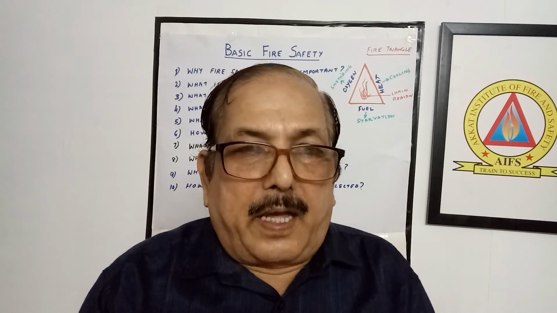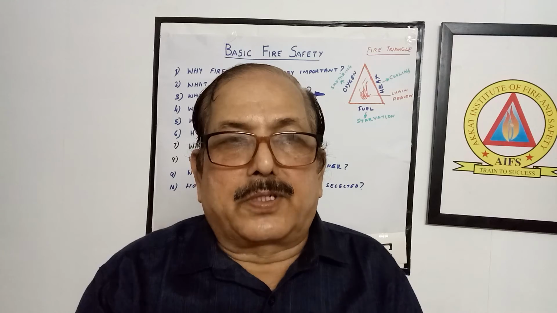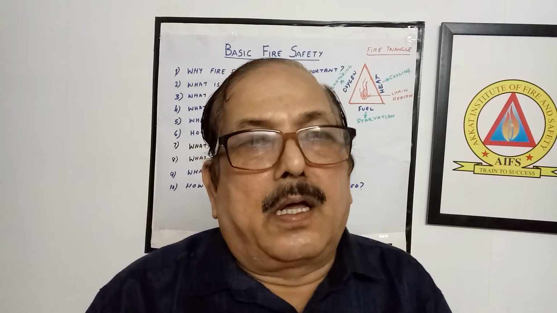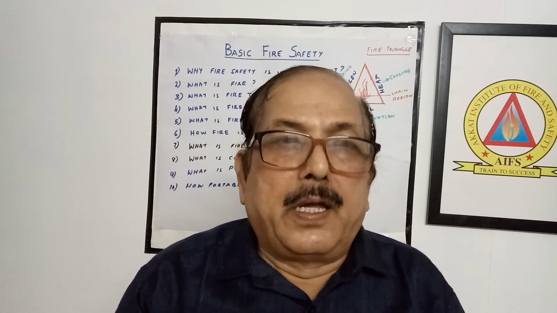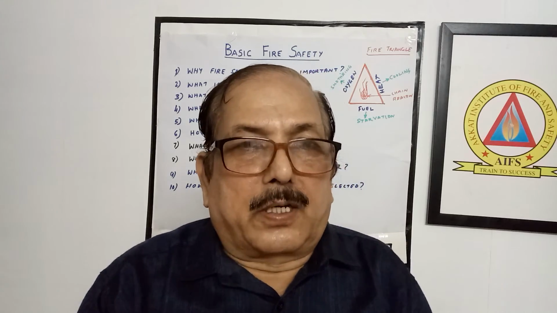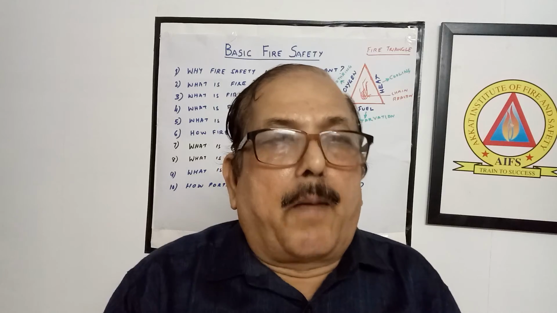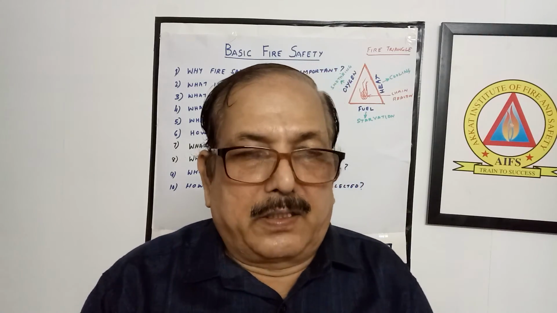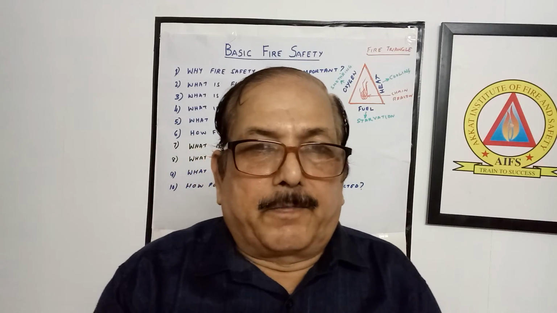Then another one is cream color for the foam type extinguisher, and yellow color for the wet chemical extinguisher. So these are the different color codes. With this color code, we can easily identify which type of fire extinguisher it is. And according to the class of fire, you have to identify the appropriate fire extinguisher and fight it. That is the way you do first aid firefighting.